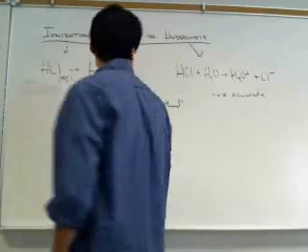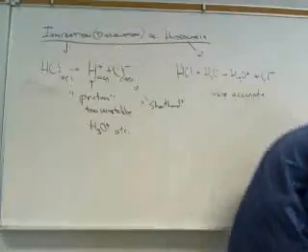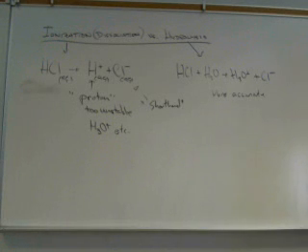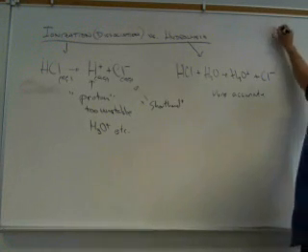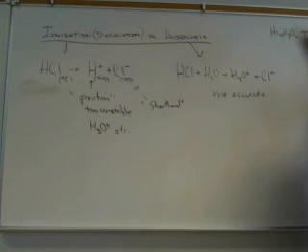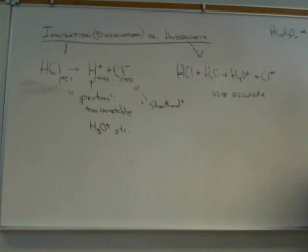If we have a weak acid, like acetic acid, we can do the same type of deal. Acetic acid in terms of ionization would look like this. It's going to form H plus and C2H3O2 minus. But since this is weak, sometimes we'll draw these uneven arrows like this.